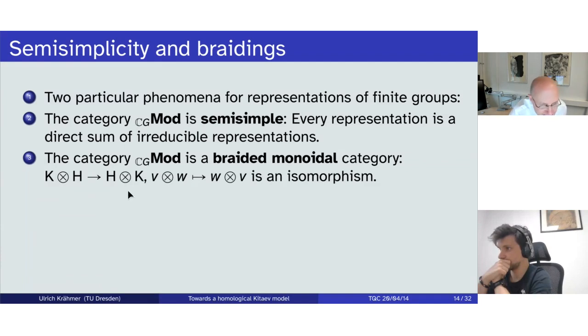I have a flip operator, simply the tensor flip, which identifies K tensor H and H tensor K not just as vector spaces, but as objects in that category, as representations of the group G. And for a general Hopf algebra, you cannot do that. Now, if you have a general non-co-commutative Hopf algebra, and you take two of its right modules, K tensor H and H tensor K might not be isomorphic as right modules.